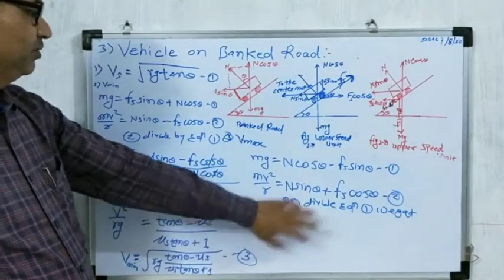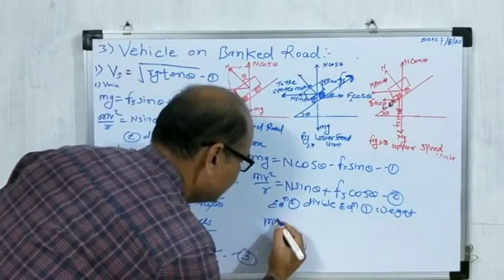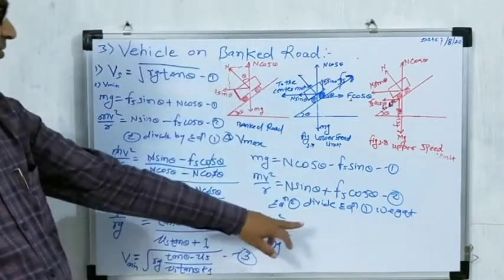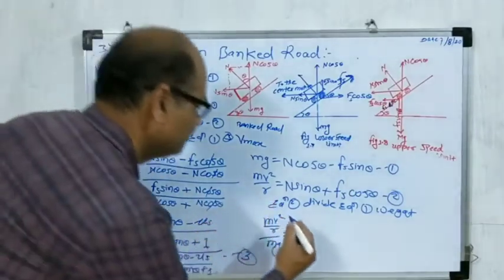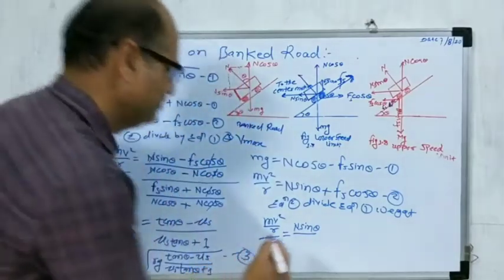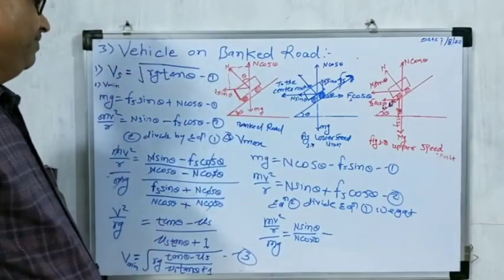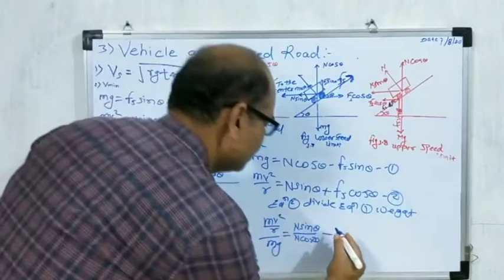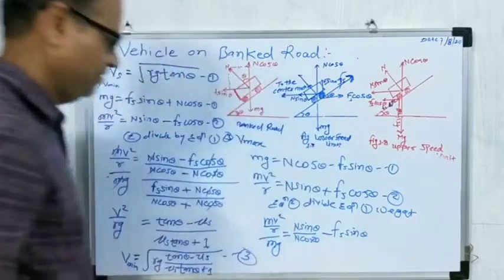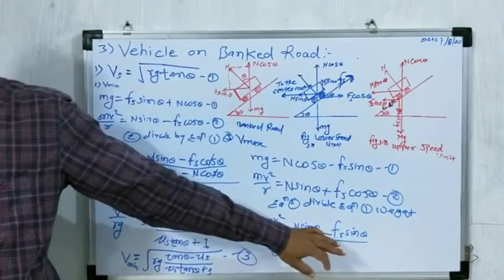Again equation 2 divided by equation 1 we get mv square divided by r divided by mg is equal to n sin of theta divided by n cos of theta minus f s sin of theta.